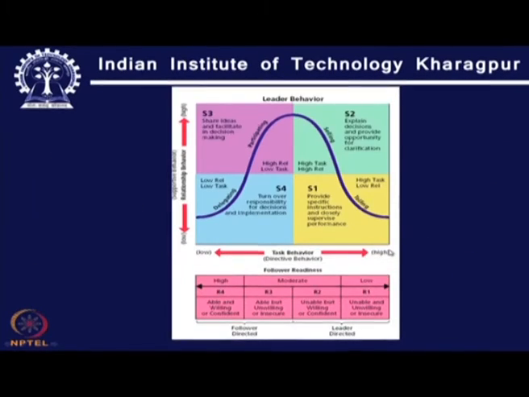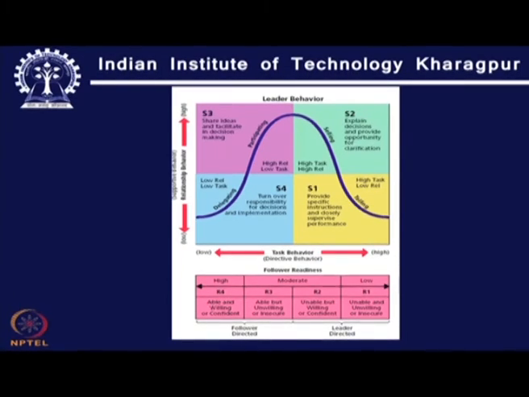Here you can find all four leadership styles, from S1, S2, S3 to S4. S1 is where the job is to provide specific instruction and closely supervise performance; it is high task and low relationship.